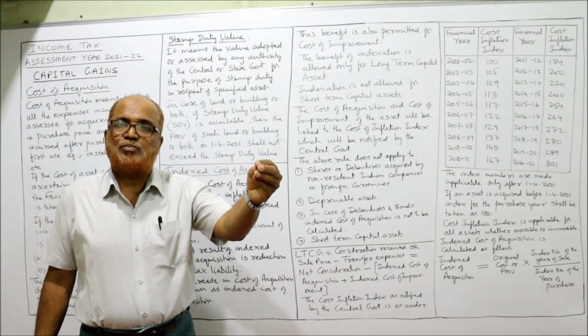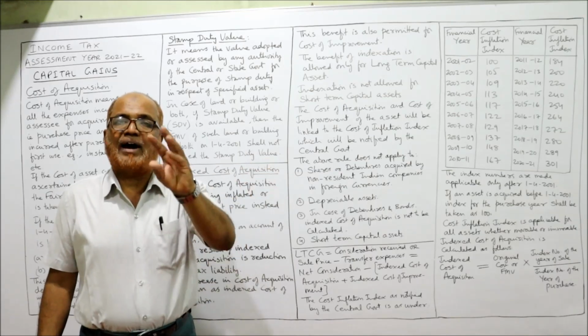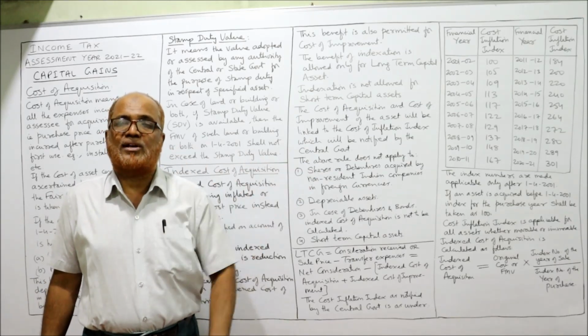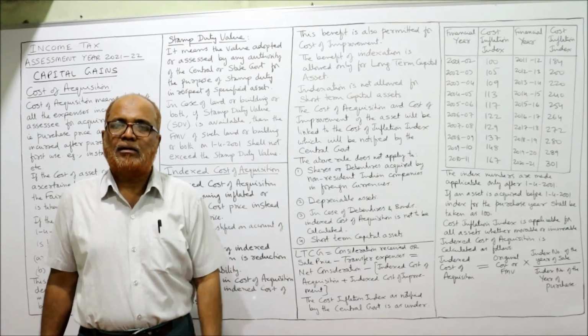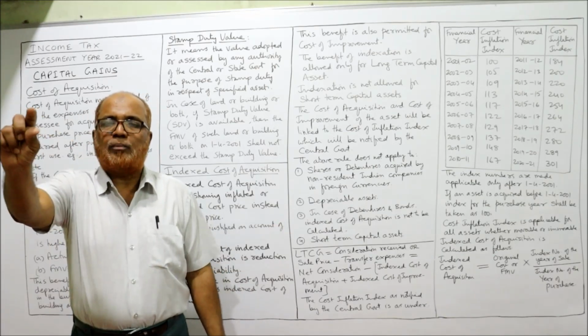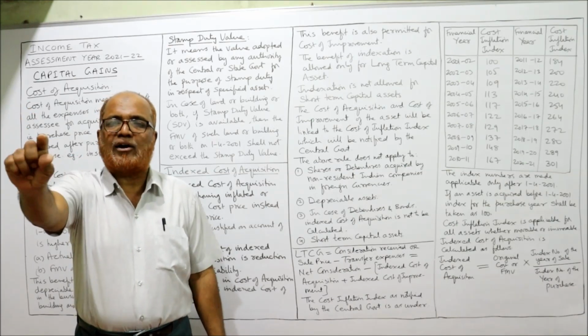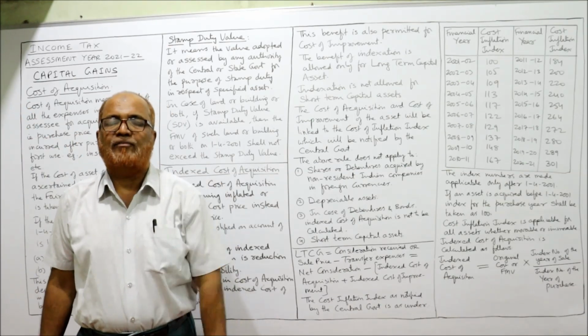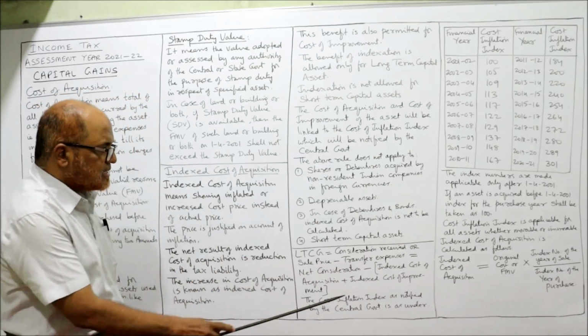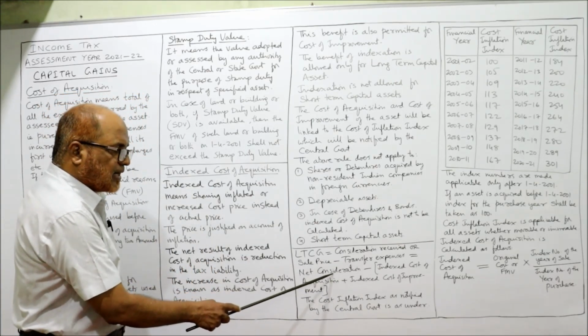For selling this property, I paid 5 lakh rupees as transfer expenses, brokerage, commission to middlemen. So from 50 lakh rupees, 5 lakh I have paid for transfer. Deduct: 50 minus 5, 45 lakh rupees is the net consideration.